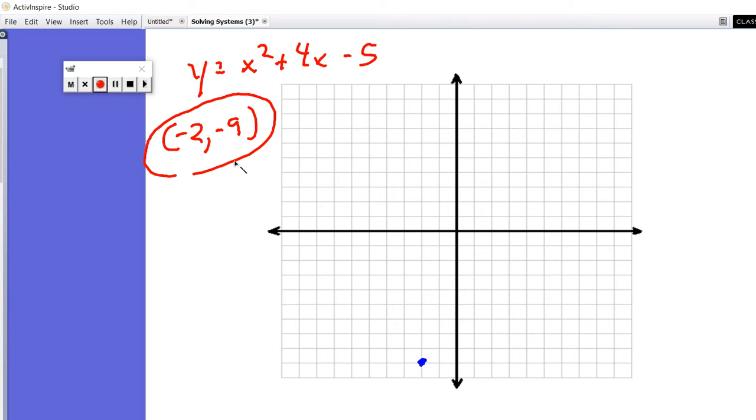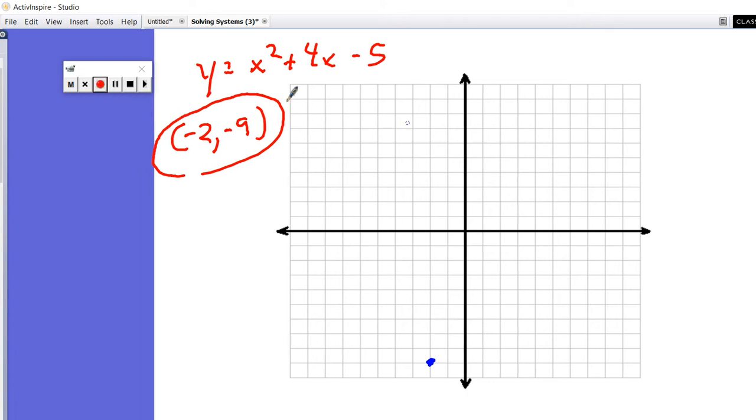Now, to go further, one thing that we could do is we could factor this quadratic. And so if I factor it, that's going to be (x + 5)(x - 1). Okay, you're going to review factoring during the week as well.